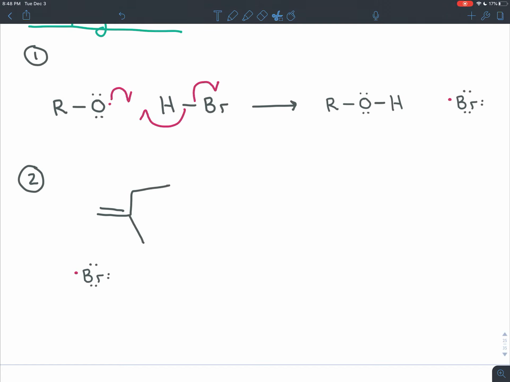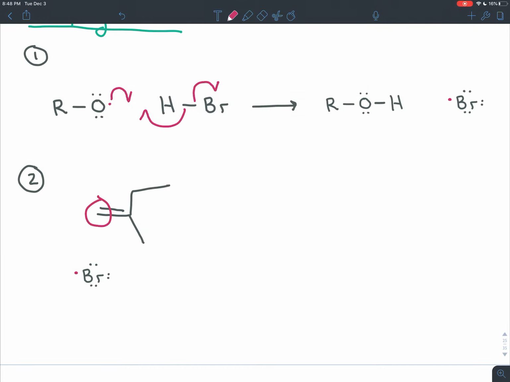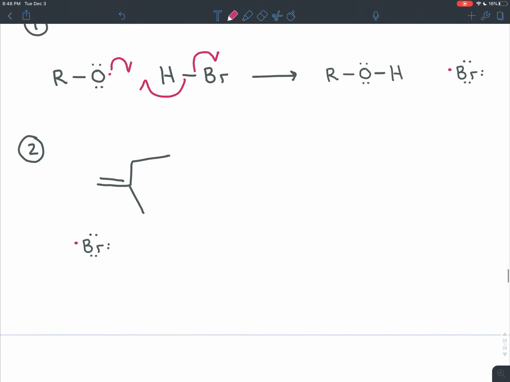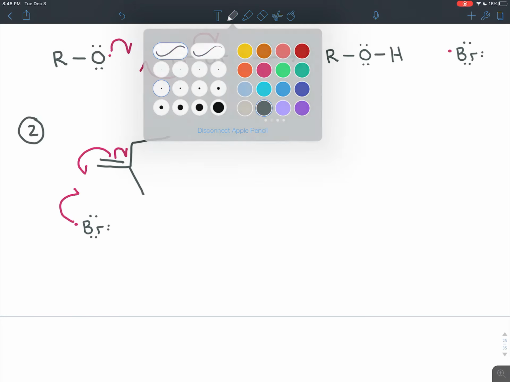Now, the bromine radical is going to rip an electron away from the pi bond. So it's going to add to the less substituted carbon of the pi bond so that a radical can form on the more substituted position. The more substituted radical is more stable because it spreads the radical out through hyperconjugation, as we discussed in a previous video. So the bromine donates one electron. The pi bond, the carbon, donates another electron, and the other electron in the pi bond goes onto the more substituted carbon in the alkene.